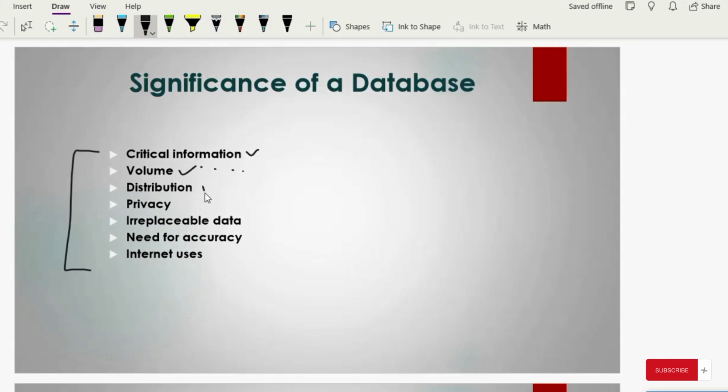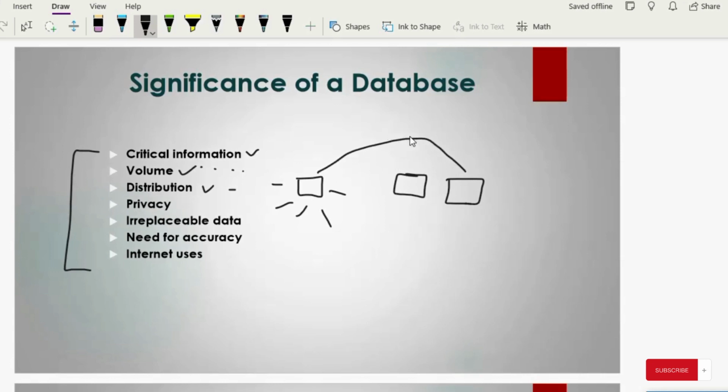Then comes distribution. Databases in some organizations are centrally stored. Centrally means in a main location, and different departments, different users access this information. But sometimes local copies are also saved at the regional or department level. So the original data which is stored at the central location, its copies are being used at the department level, or you can say at different regional levels, for processing purposes.